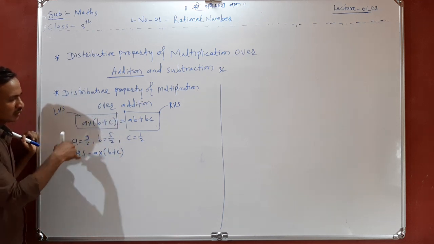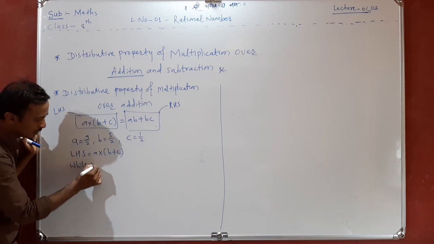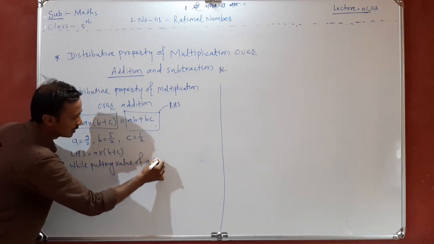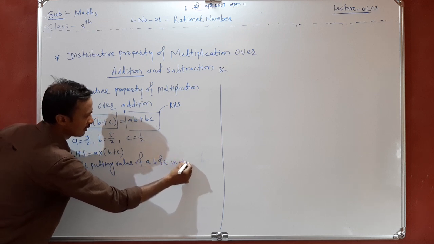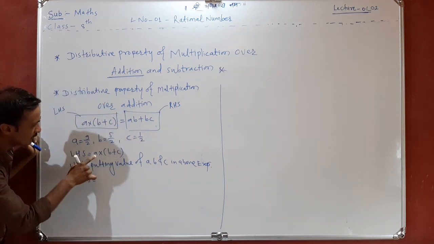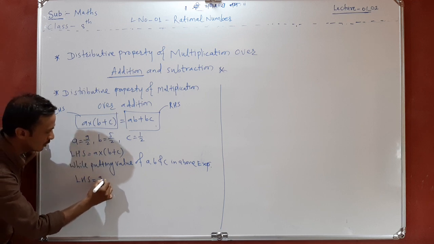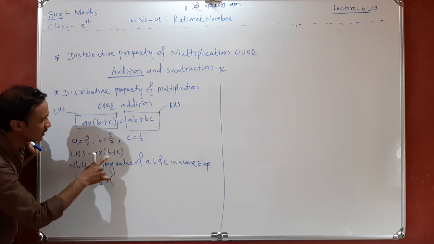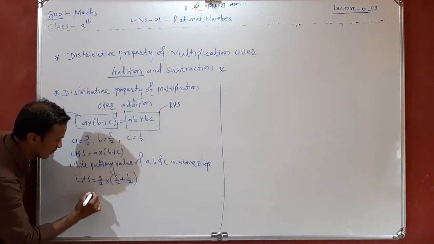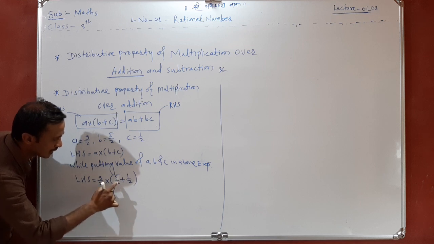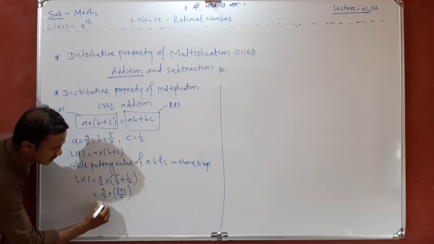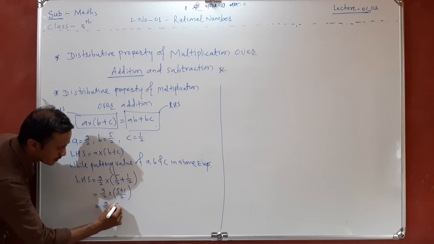Now while putting the values of a, b and c in the above expression, LHS is equal to a, here 9/2, multiplied by b, 5/2, plus c, the value of c is 1/2. This is equal to 9/2 multiplied by in bracket 5 plus 1, because the denominators are equal, divided by 2, bracket complete, which is equal to 9 by 2 multiplied by 6 upon 2.